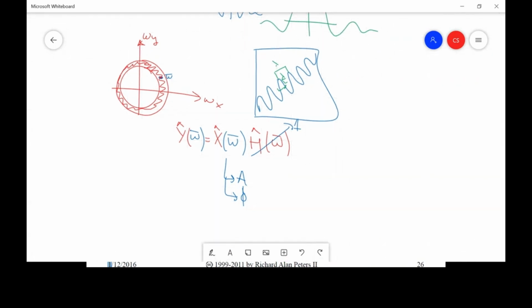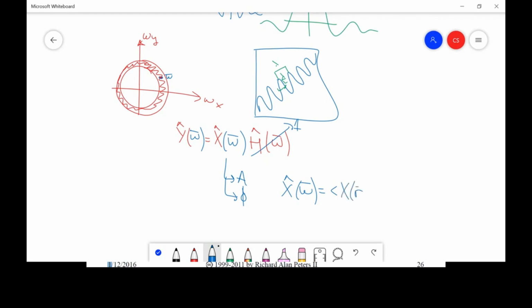And at that particular frequency, it is the inner product of your input image in real space times the complex exponential.